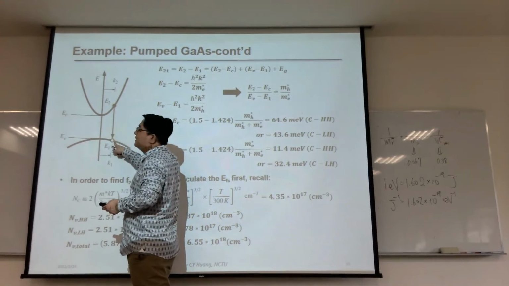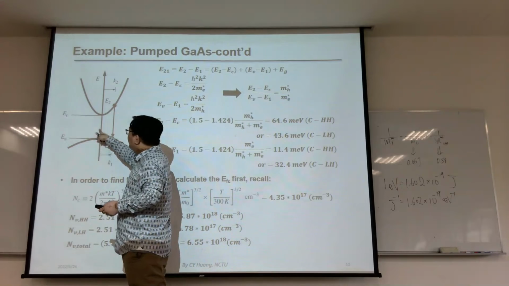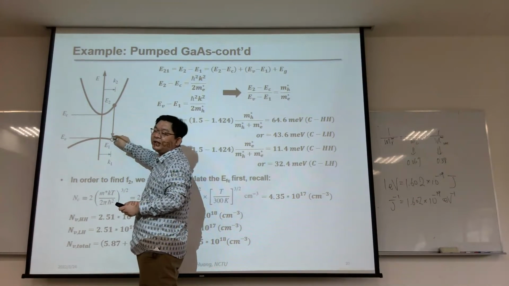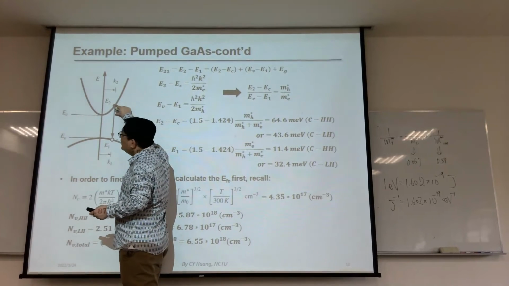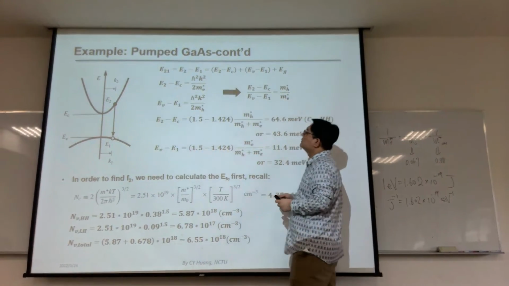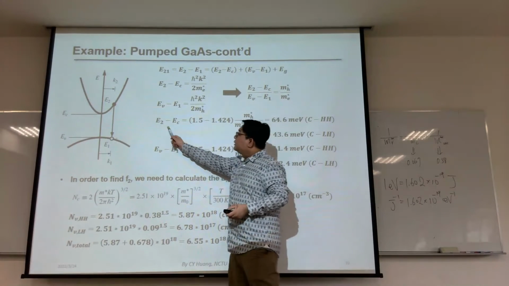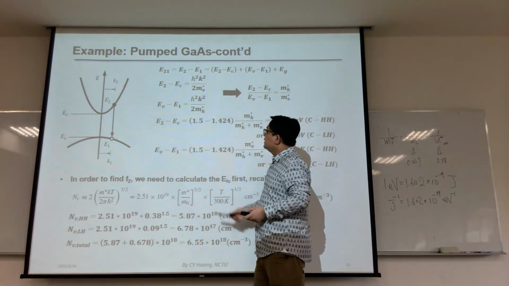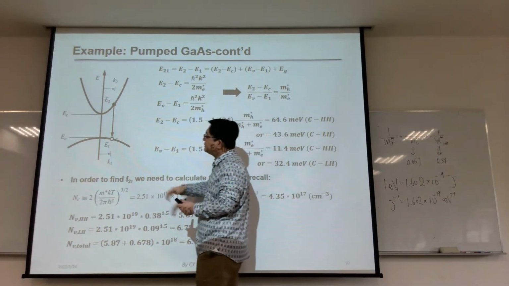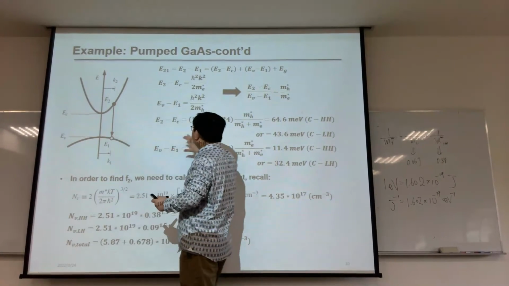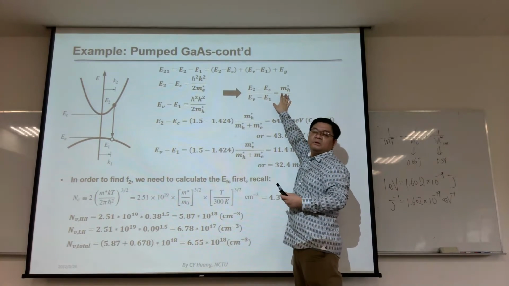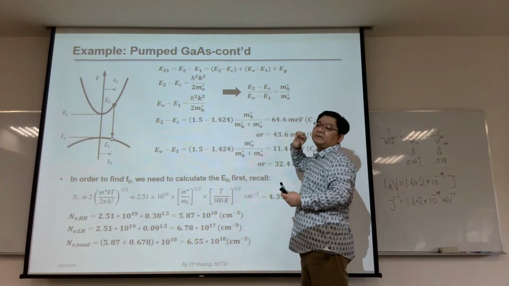So E2 minus EC is 1.5 minus 1.424. We need to subtract the band gap first, then do the partition according to the ratio of the effective mass.